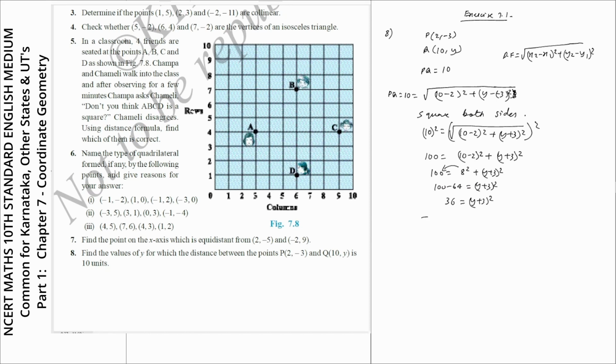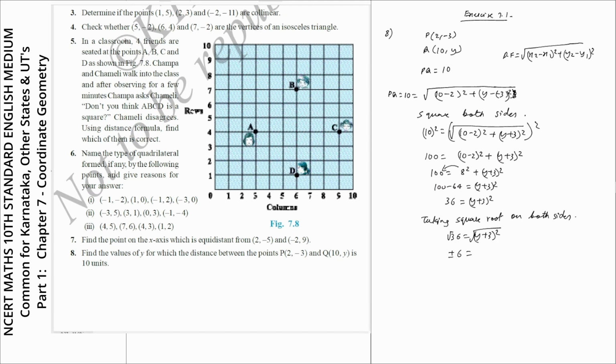Now I will take the square root of both the sides. So I'll get the square root of 36 is equal to the square root of (y plus 3) the whole square. So on the left hand side, the square root of 36 is plus or minus 6.